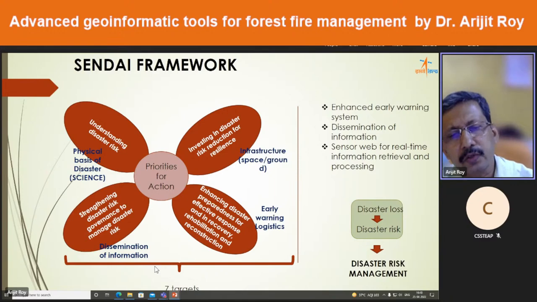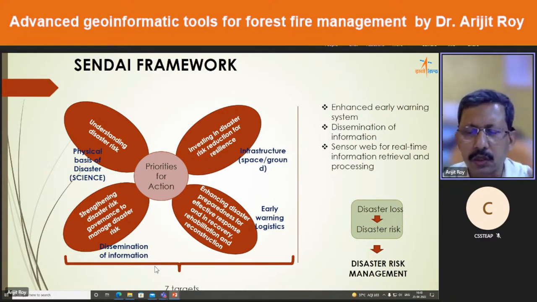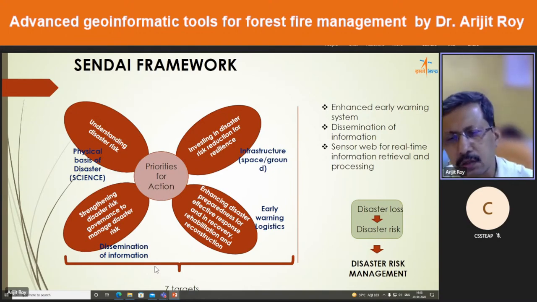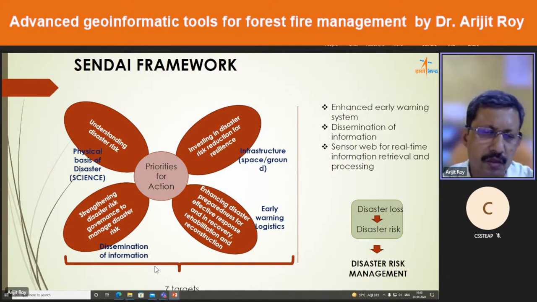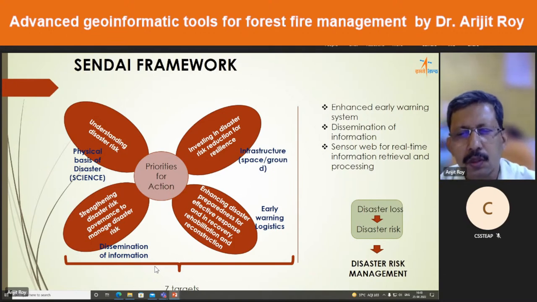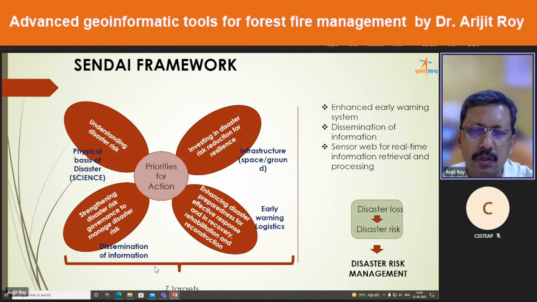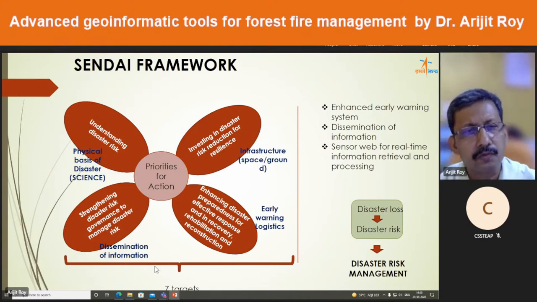In the Sendai framework, 7 targets were set, basically to reduce the mortality, reduce the impact of disasters, reduce the effect of disasters on communities, and also improve early warning systems, knowledge sharing and other things. And to achieve that, 4 priorities of action were identified.